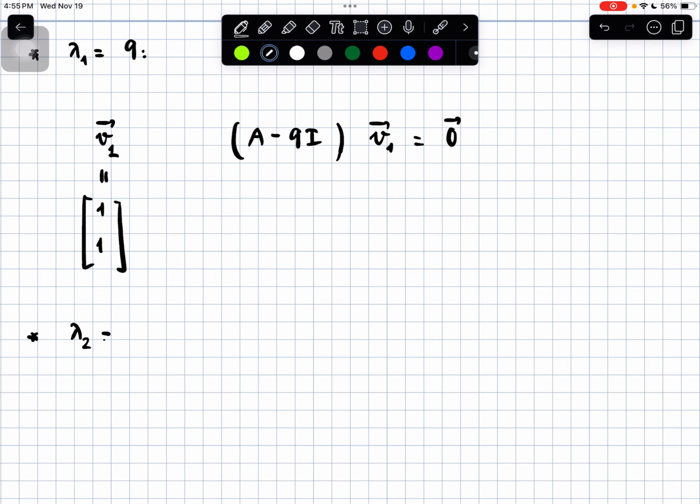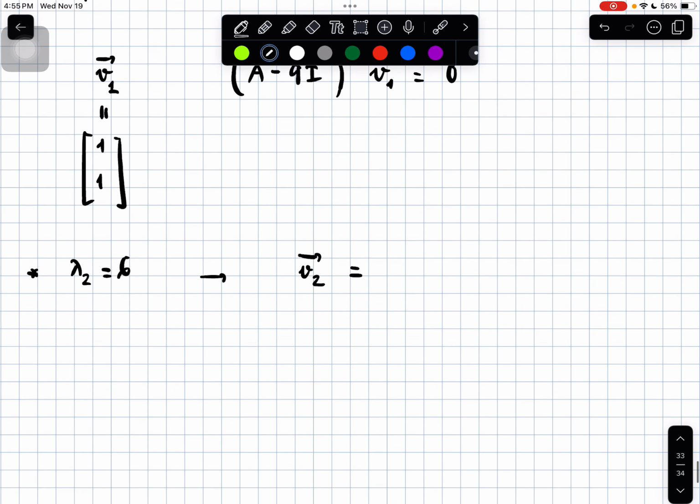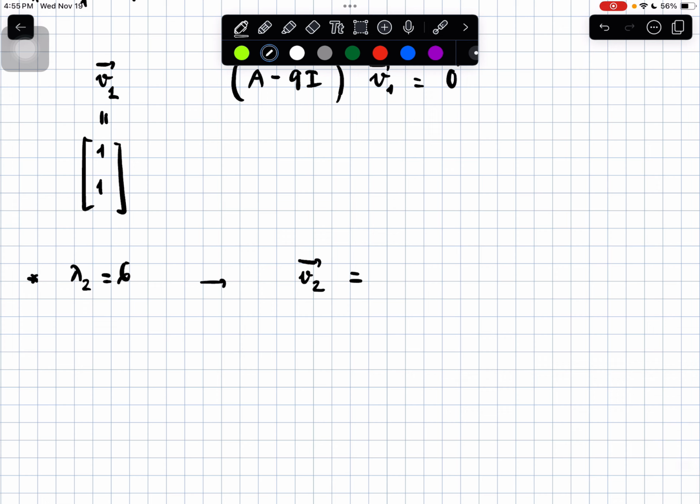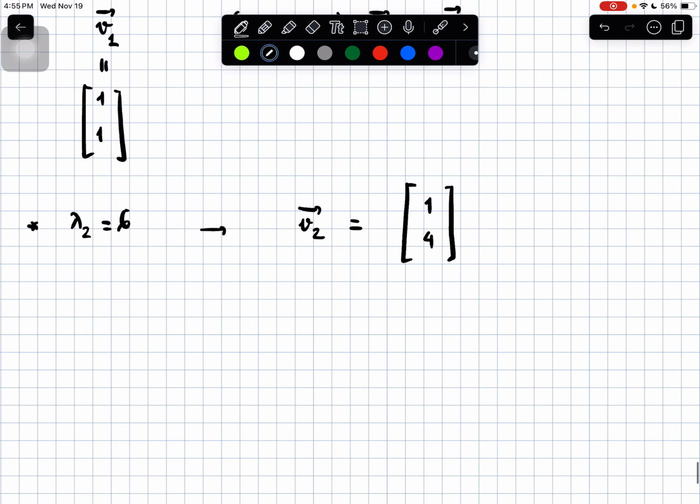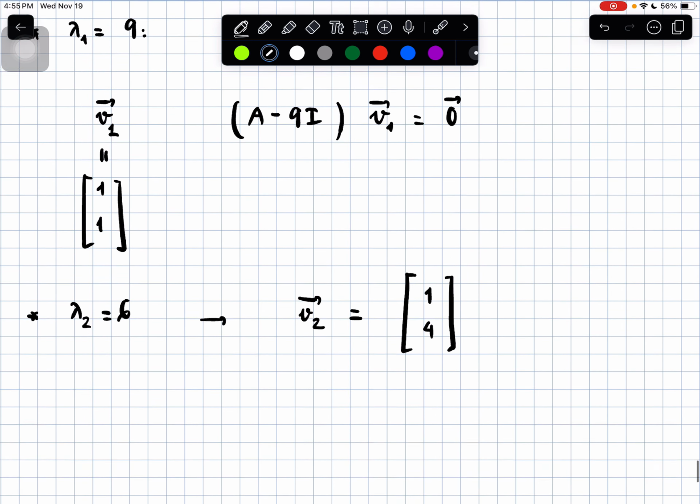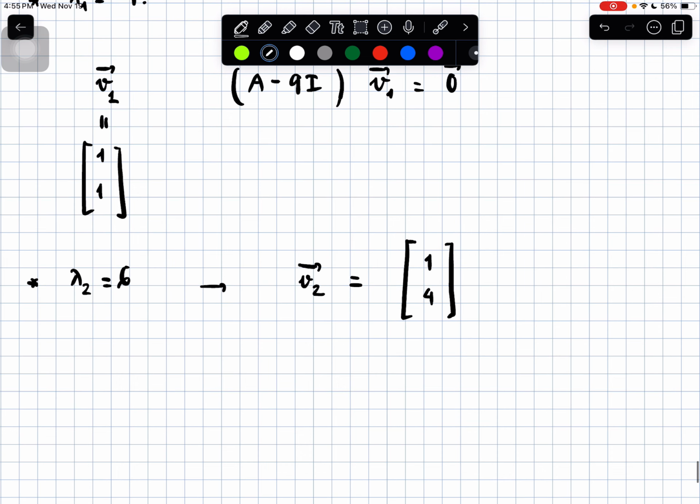Lambda 2 equal to 6. Similarly, when you do V2, you will get (1, 4). So we have 2 eigenvalues. We have 2 eigenvectors corresponding to the eigenvalues.